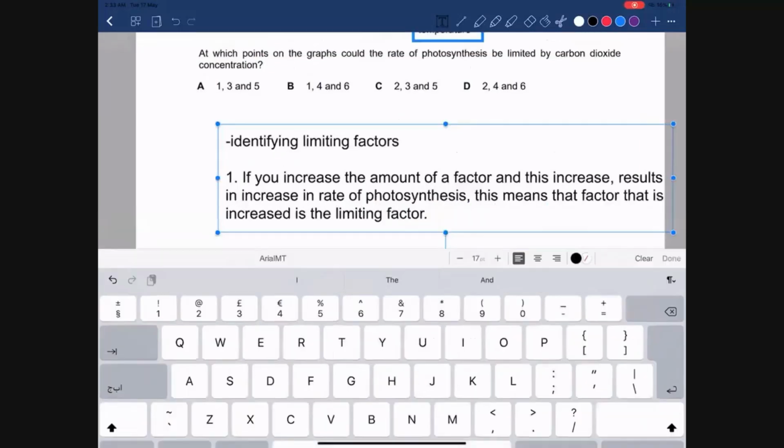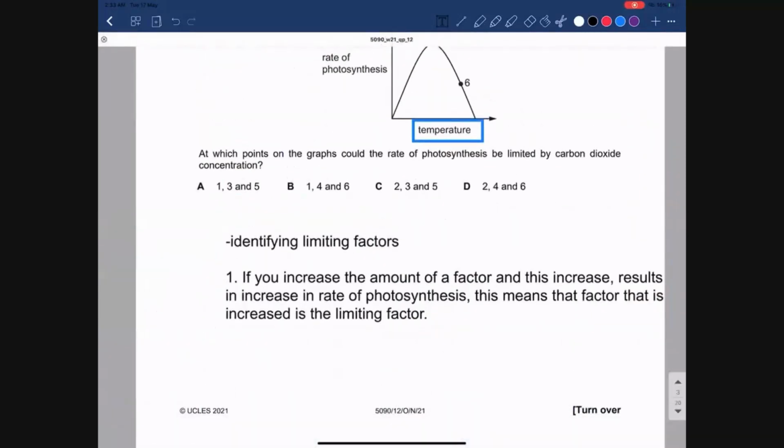What does this mean? That if you increase any factor and rate of photosynthesis also increases, this means that factor is the limiting factor.